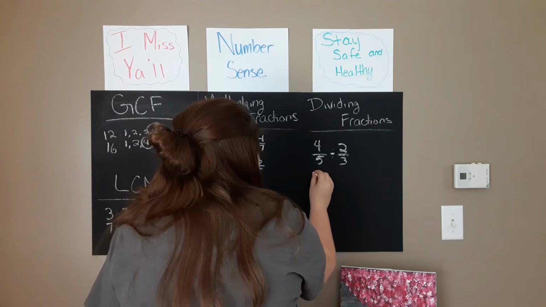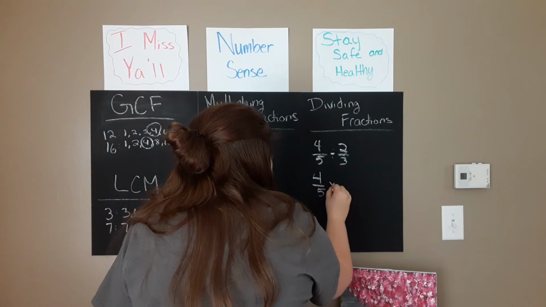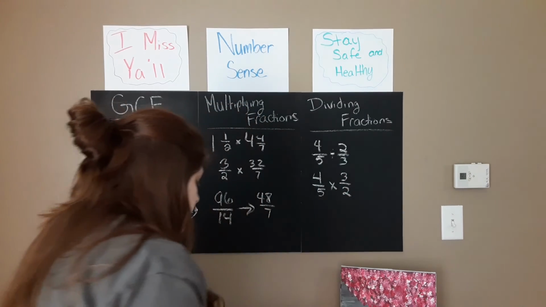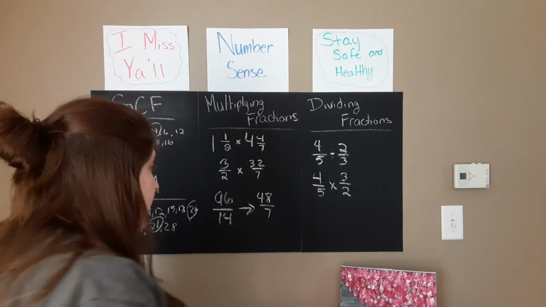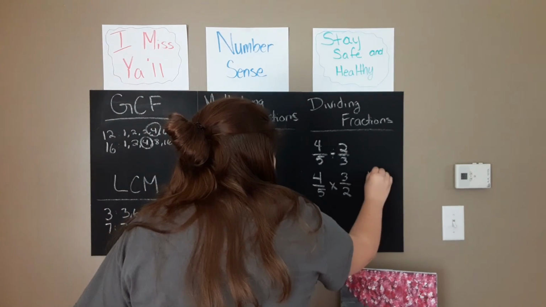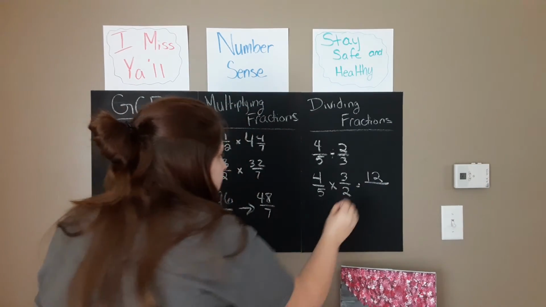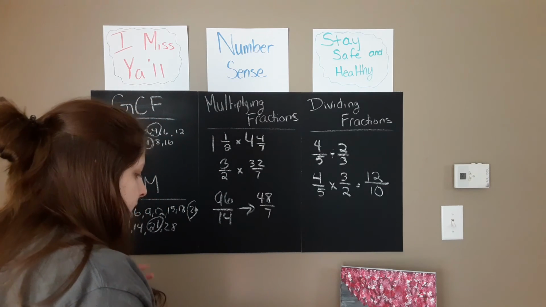So we're going to change this to 4/5 times 3/2. So then we go from there. So 4 times 3 would give you 12. 5 times 2 would give you 10. So we're left with 12 over 10.